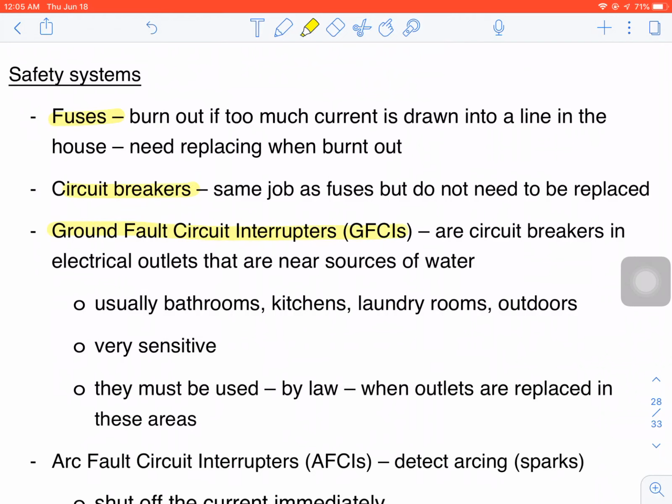Those are the ones that you see in the school that have the plugs, and then they've got two little buttons on them. One is for turning the power on, and one is for shutting the power off, or for testing the system.